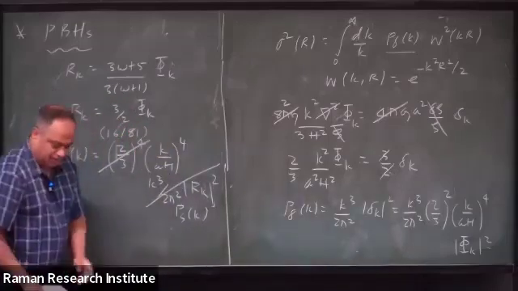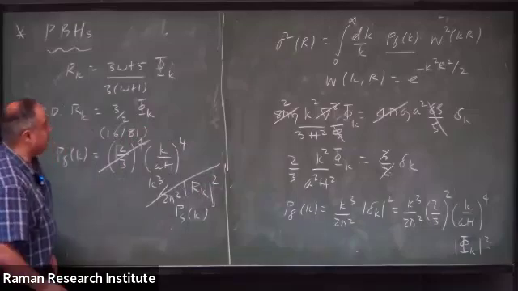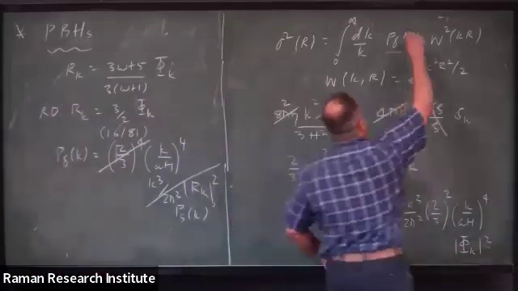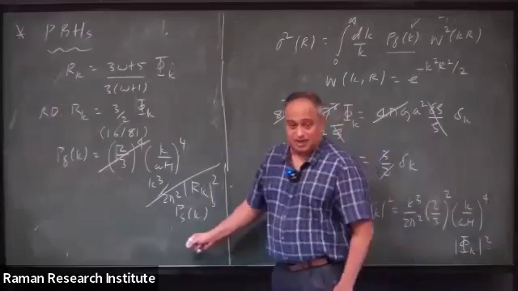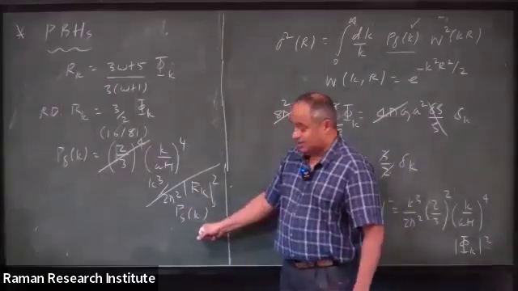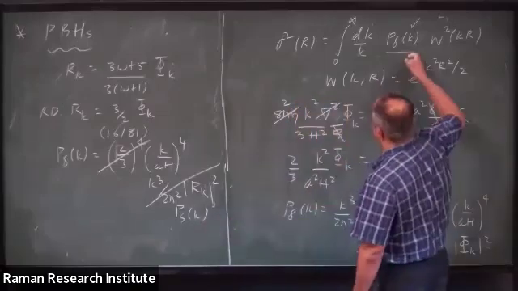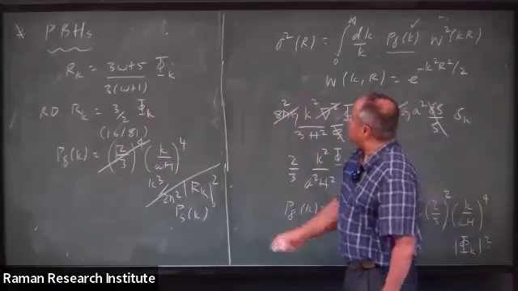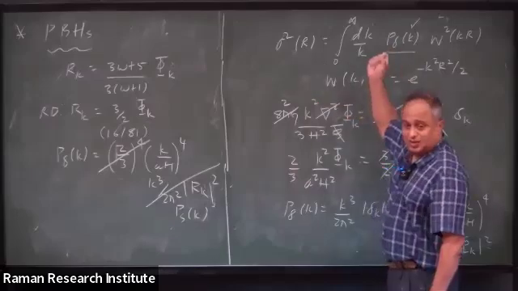That's it. So what we have is P delta of K from my primordial power spectrum. If you have this power spectrum, I can substitute that, have that expression, and calculate sigma R squared.